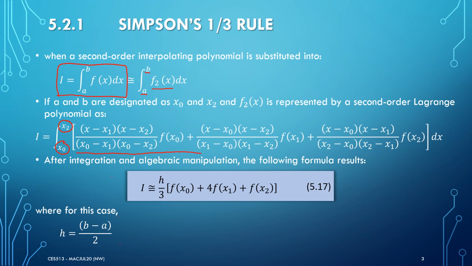So this is the second order Lagrange polynomial. Okay, so after integration and algebraic manipulation, the following formula will result, equation 5.17, which is I equal to h over 3 multiplied by f(x0) plus 4 times f(x1) plus f(x2), where for this case, h is equal to (b minus a) divided by 2.